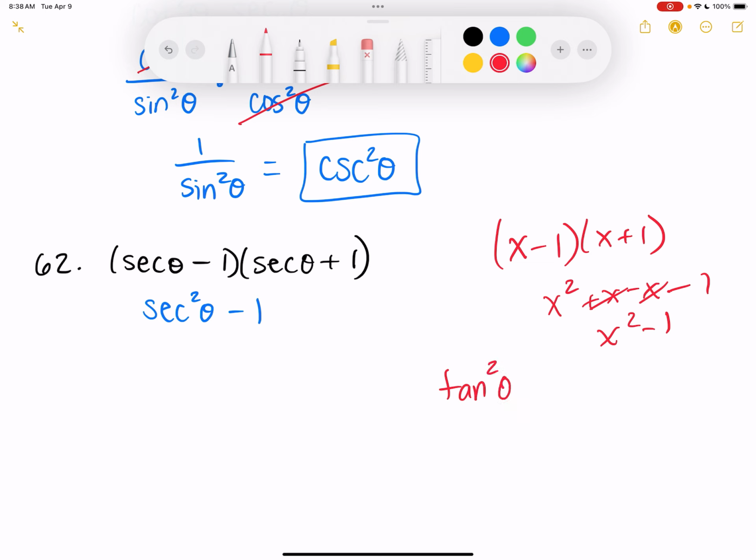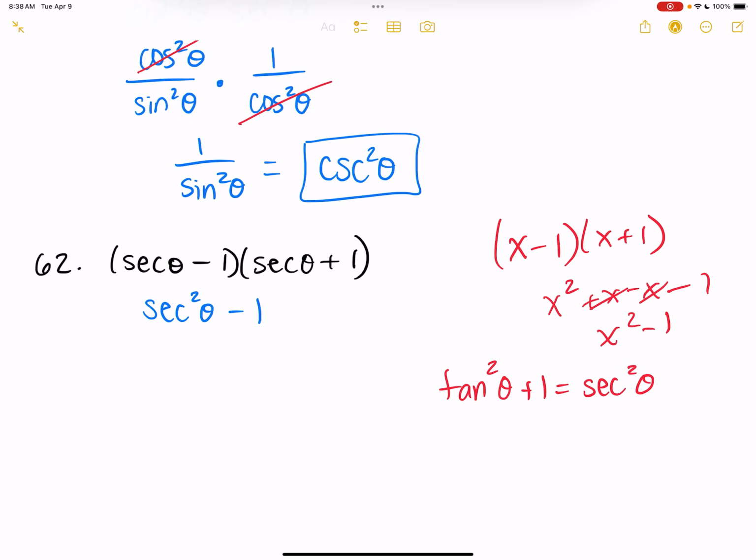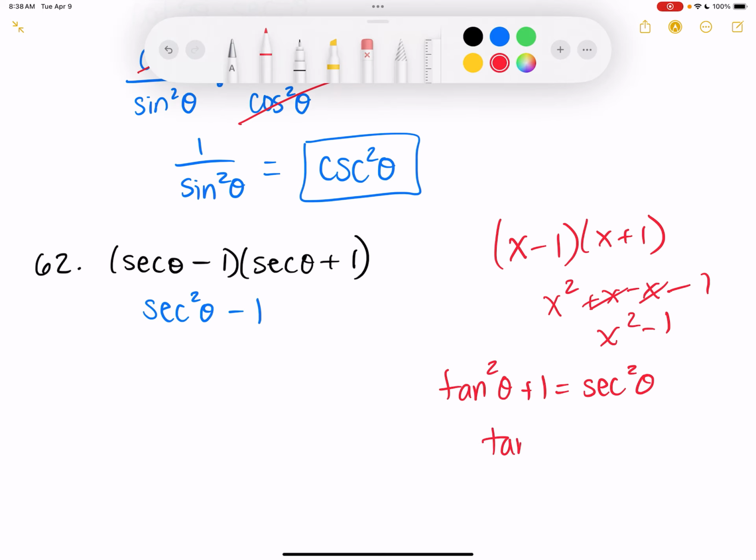So tangent squared theta plus 1 equals secant squared theta. So if I subtract 1, I have tangent squared theta equals secant squared theta minus 1, right? Now that matches that, so that tells me that this is equal to tangent squared theta.